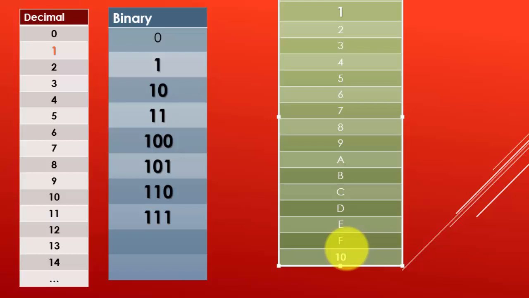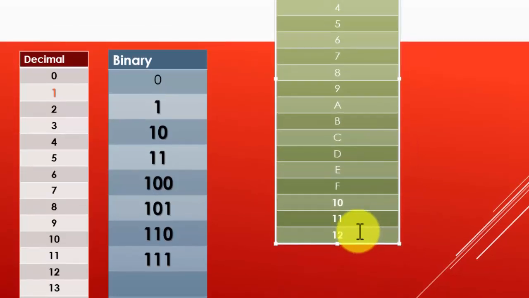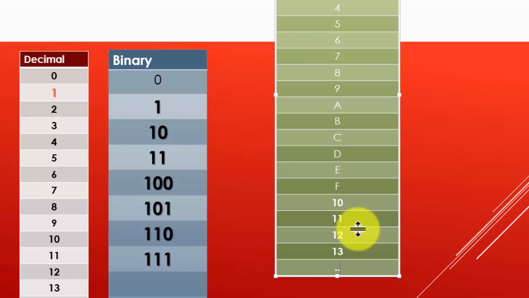Then 0 and then 1, and before that a 1. This is not 12 actually. This is hexadecimal format, so I'm writing here 3, 3 and 1, and so on.